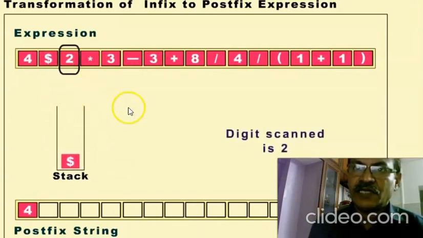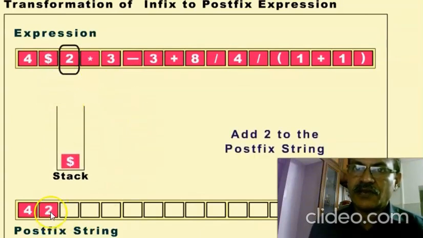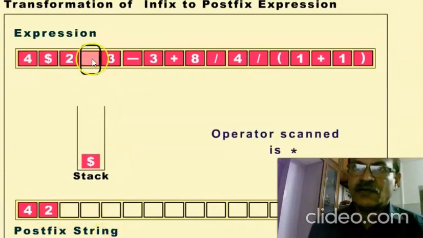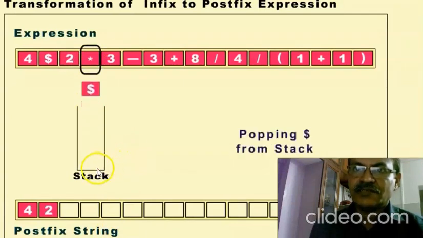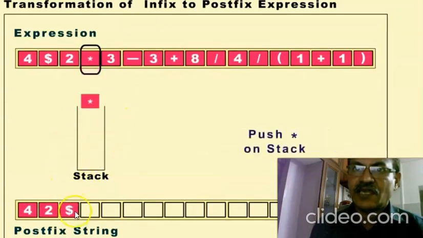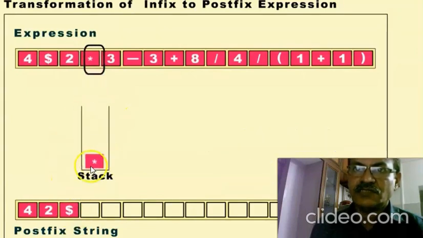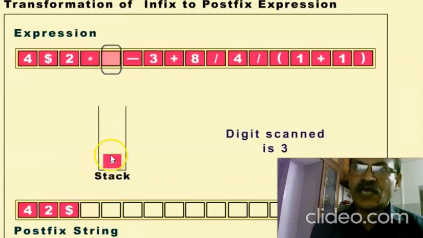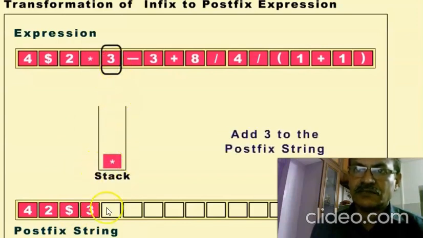We have an operand. It should come here. Operator, normally it should go into the stack, but this dollar symbol has a higher priority. It is taken out and multiplication is put into the stack. This is an operand. We are moving it here.